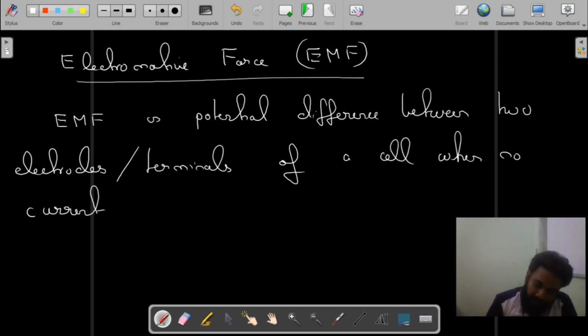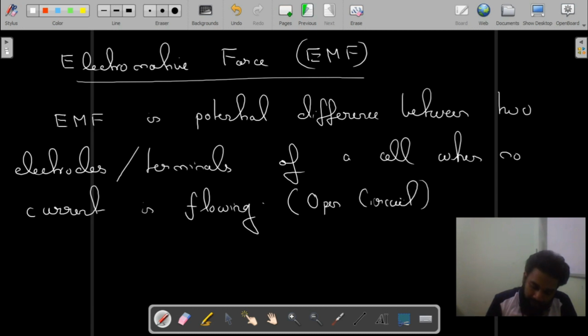In brackets you can write open circuit. So EMF is the potential difference across two terminals of a cell when no current is flowing.